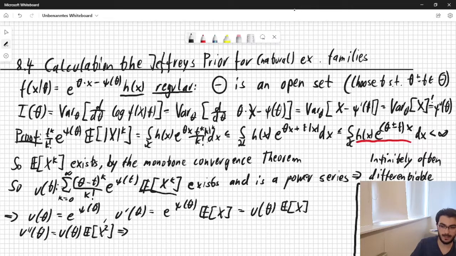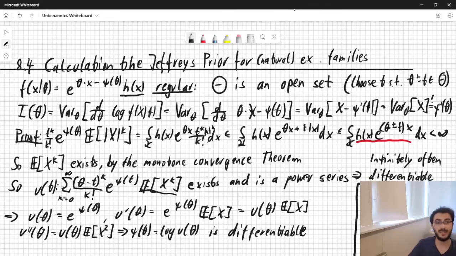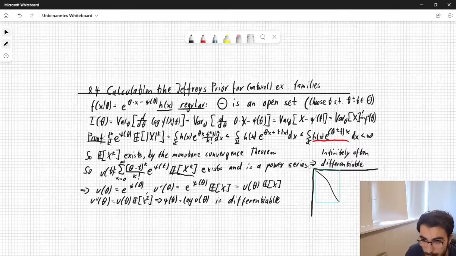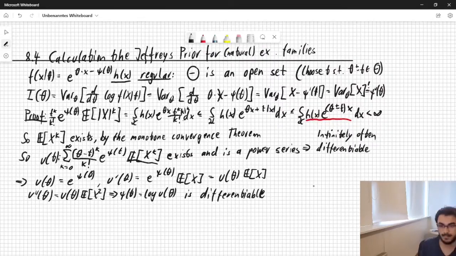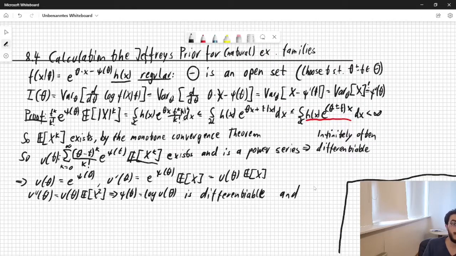This then implies that psi of theta, which is the logarithm of u, is differentiable infinitely often. And I'm going to zoom out again. And we know its derivatives.